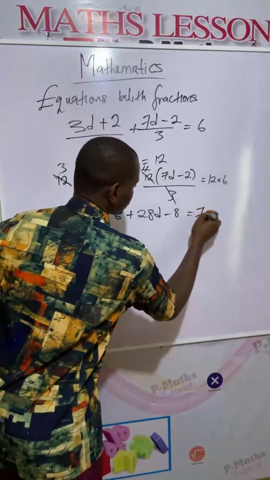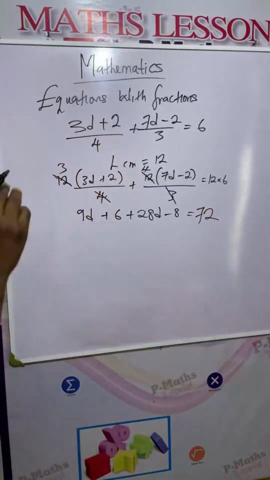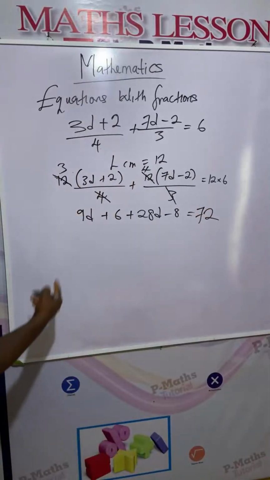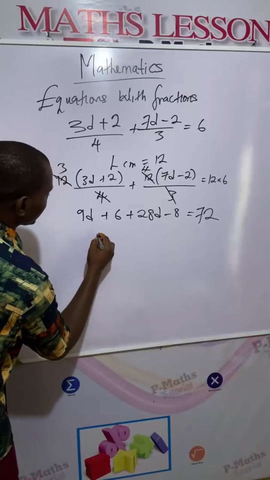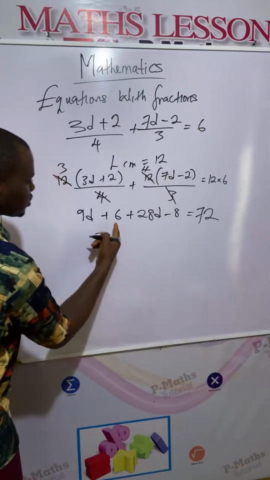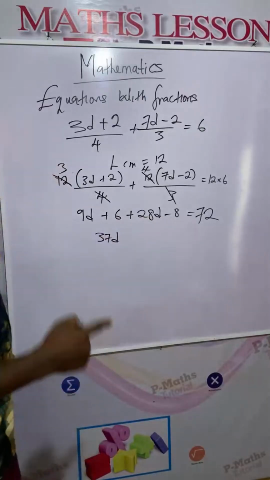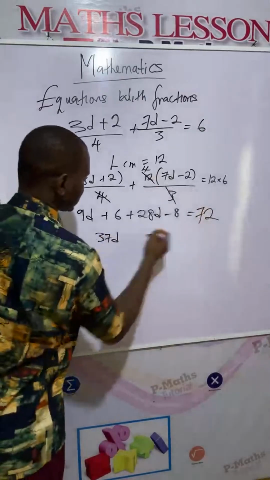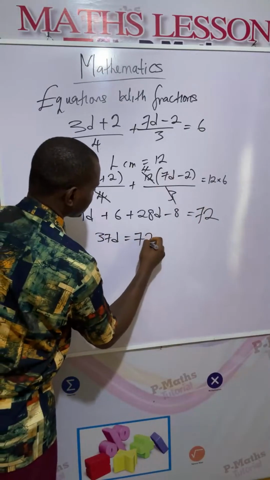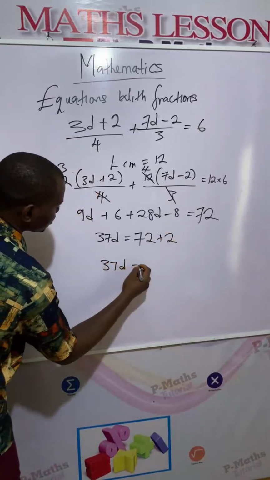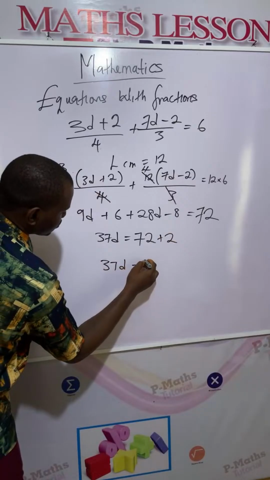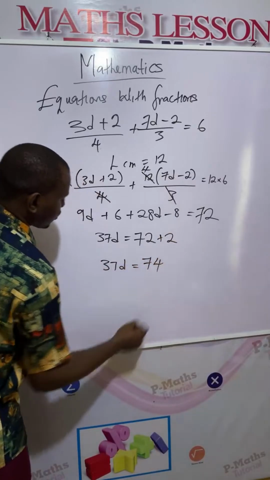Yes, 72. Now let's add and subtract and collect like terms. 9d plus 28d will give us 37d. 6 minus 8 is minus 2. Move it to the right hand side. That is 72 plus 2. 37d is equal to 74.